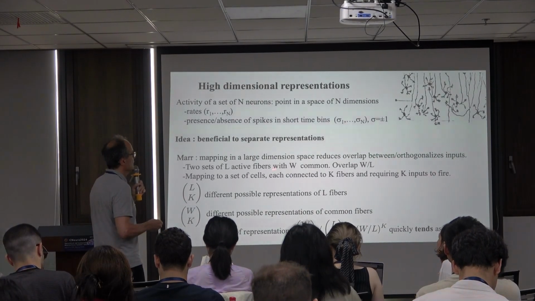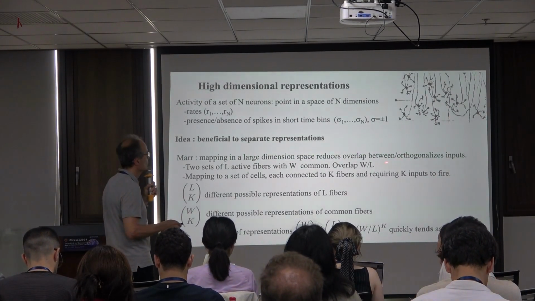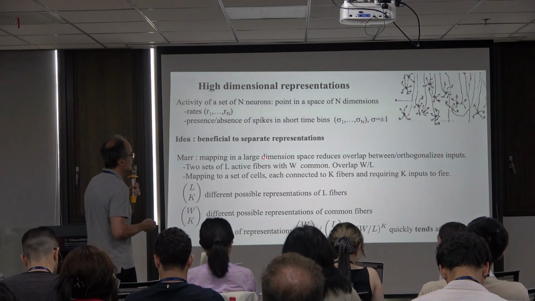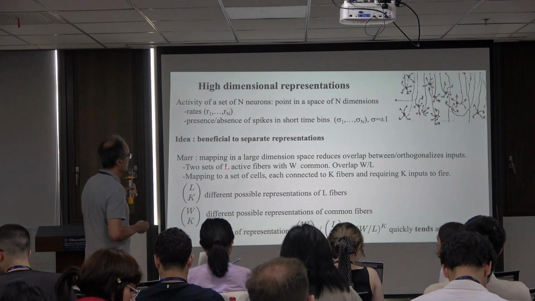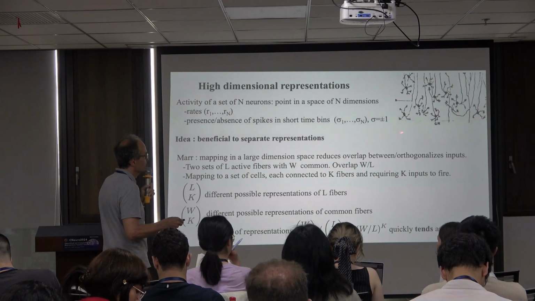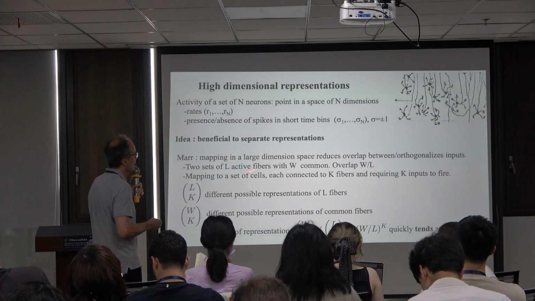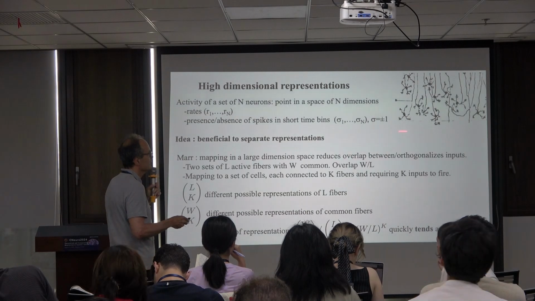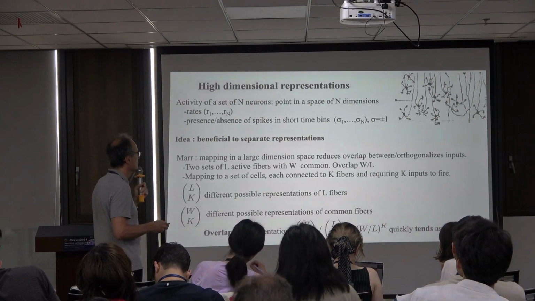The reasoning is quite simple. Let's take two sets of fibers which are active and which have an overlap W.